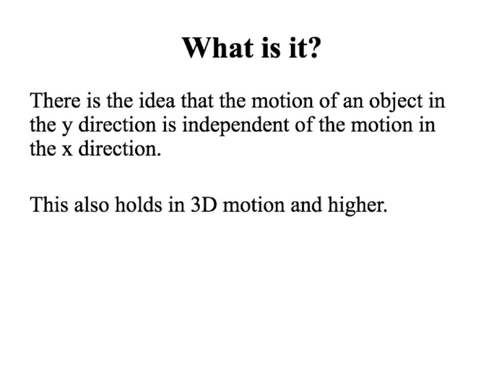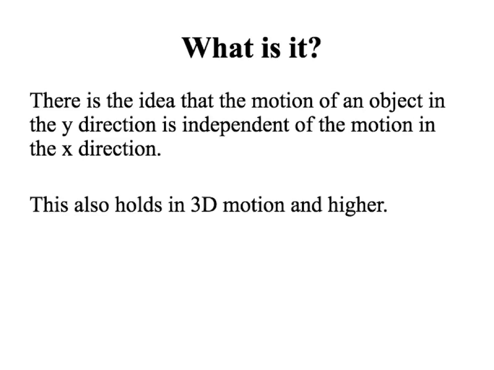So then, what is this idea of independence of motion in the two dimensions? Well, there is this idea that the motion of an object in the y direction is independent of the motion in the x direction. This also holds true in 3D motion and higher. In other words, whatever happens in one dimension should not affect what happens in the other dimension.